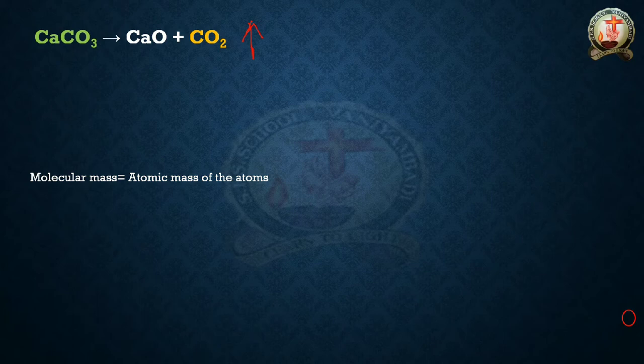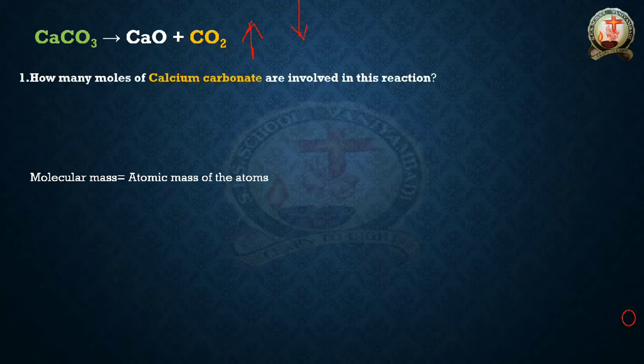As a chemistry student, you should understand the symbol. An upward arrow represents a gas. A downward arrow represents a precipitate, which we simply write as PPT. Now we are going to calculate how many moles of calcium carbonate are involved in this reaction.